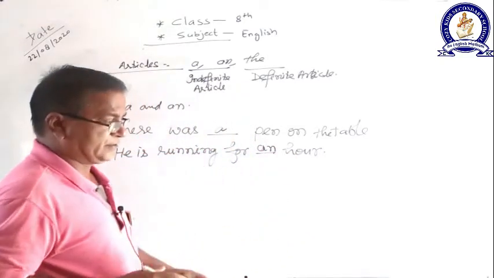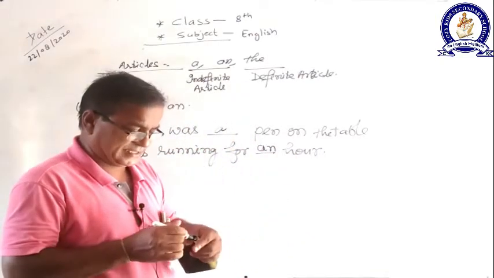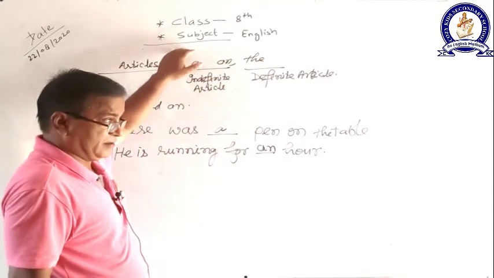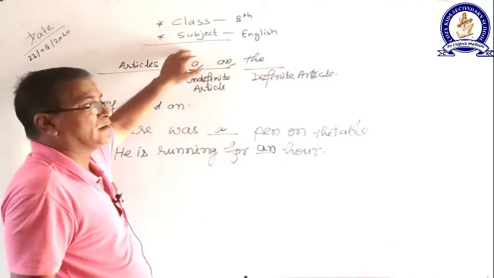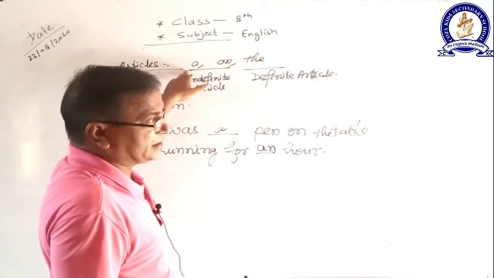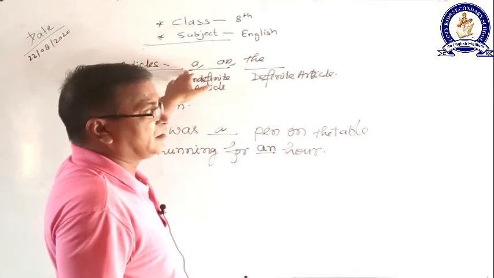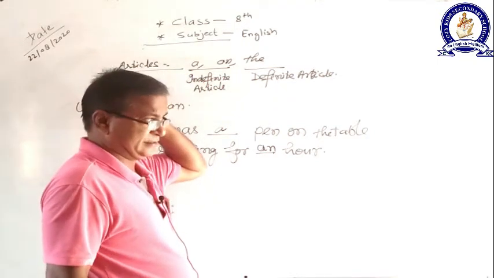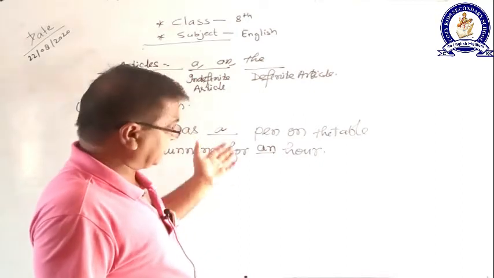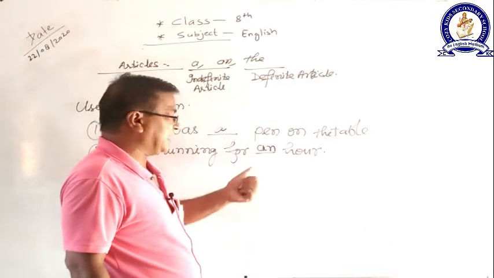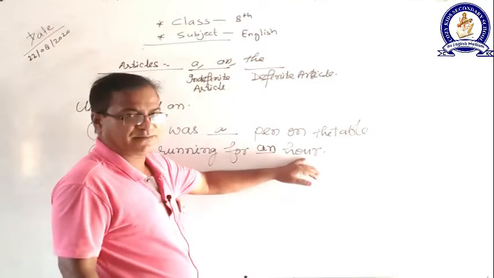When you were in 4th or 5th class, the teacher was teaching you that a will be applicable if the word starts with a consonant, and an will be applicable if the word starts with a vowel. But it is not the real picture. The way to apply a or an depends on the pronunciation of that particular word.